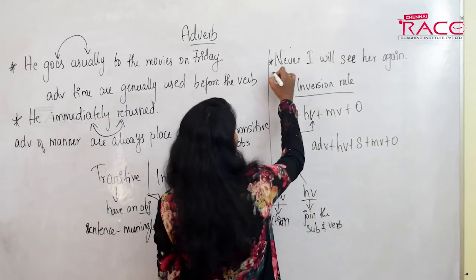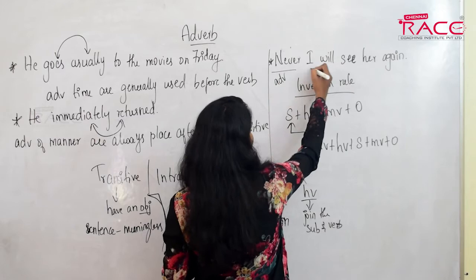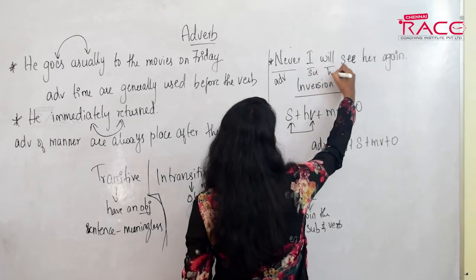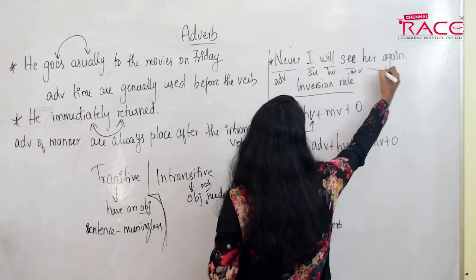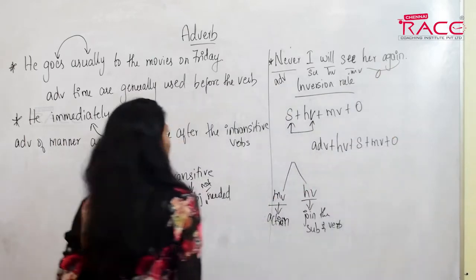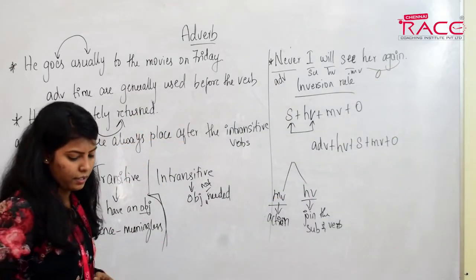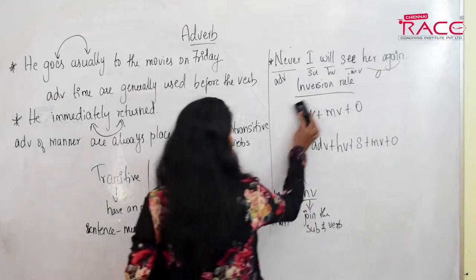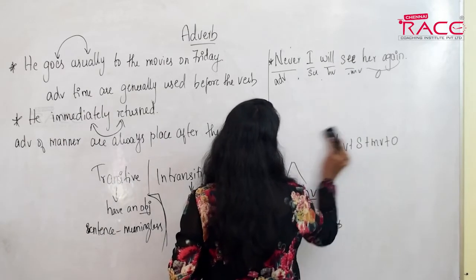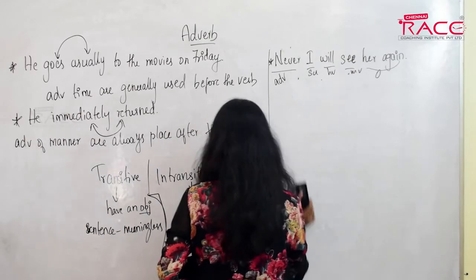So here, never is an adverb, this is the subject, this is the helping verb, this is the main verb, and this is the object. Now how will you change this sentence according to the inversion rule?